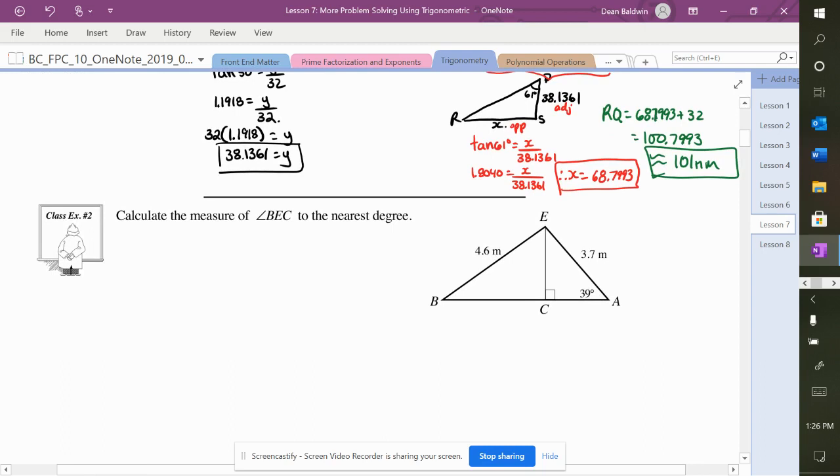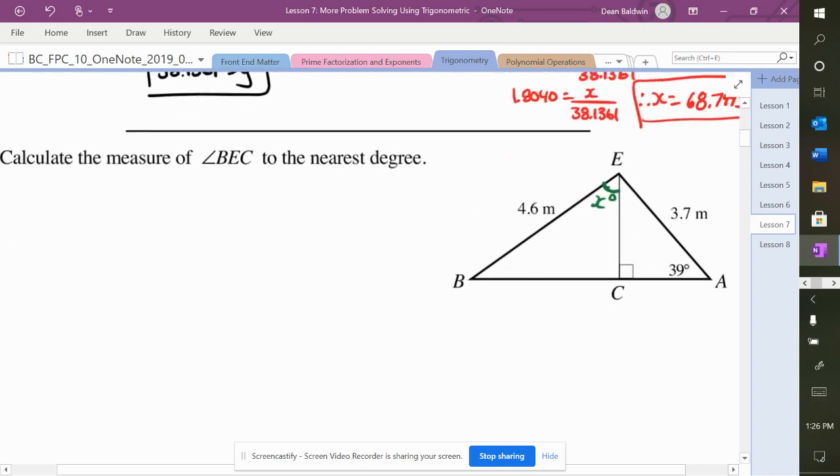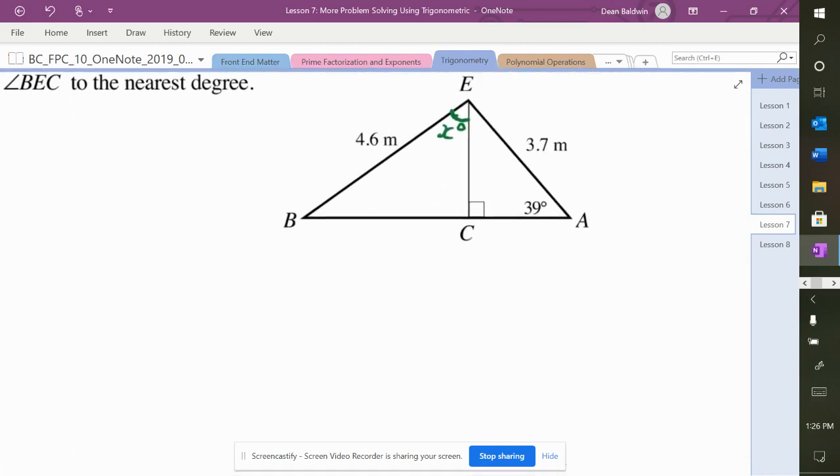Calculate the measure of angle BEC. So they want to know BEC. That's what they're trying to figure out. That's my unknown. Call it X. All right. What do I need to do here?